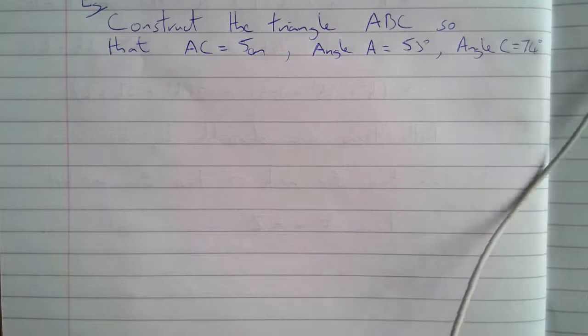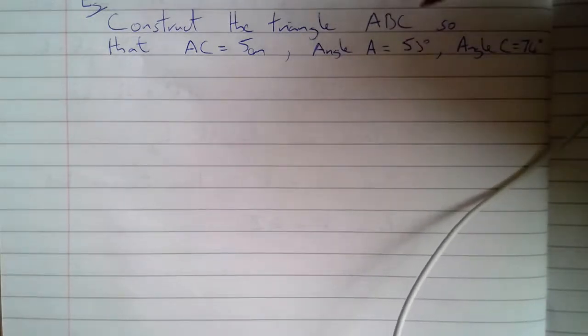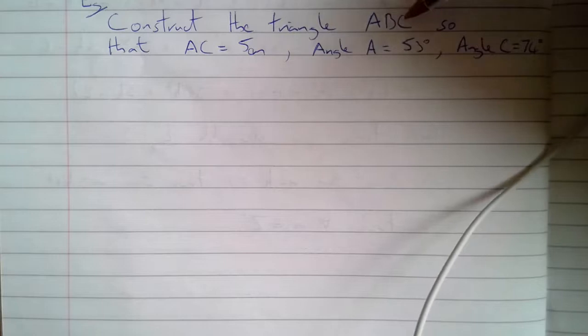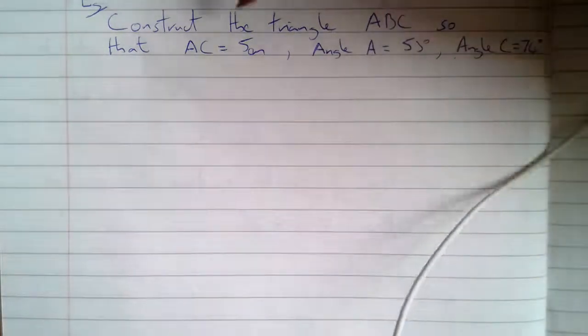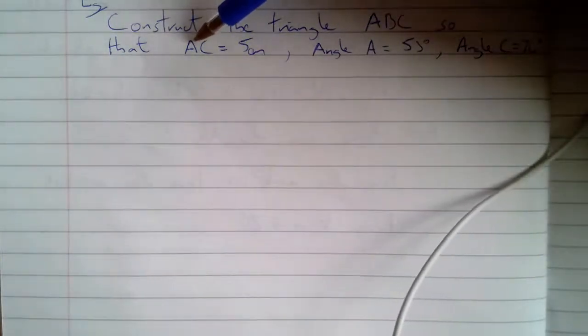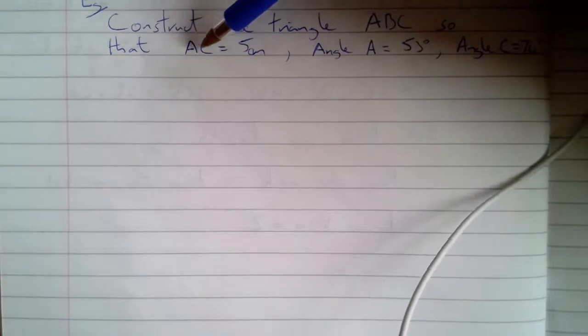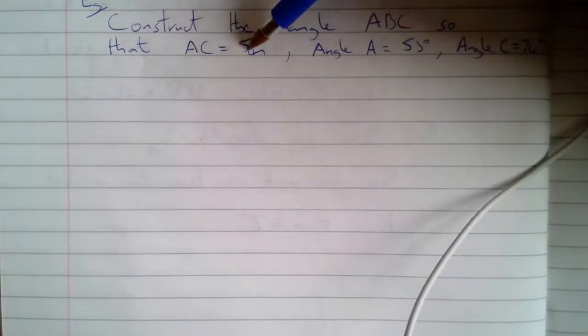The first thing to note is it says triangle ABC. What I mean by ABC is that the triangle's got 3 vertices, and I'm going to call each vertex A, B, or C. So when I've written AC here, that means the length between vertex A and vertex C is 5 centimetres.